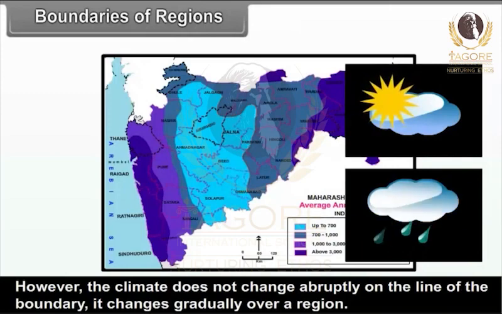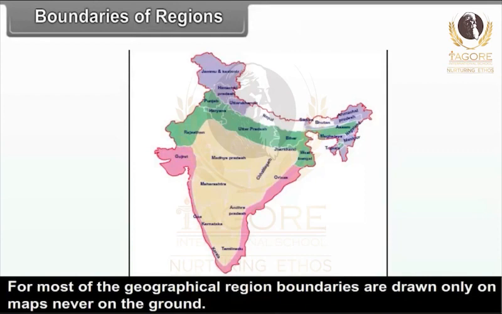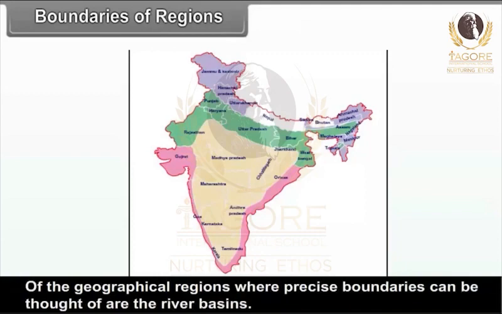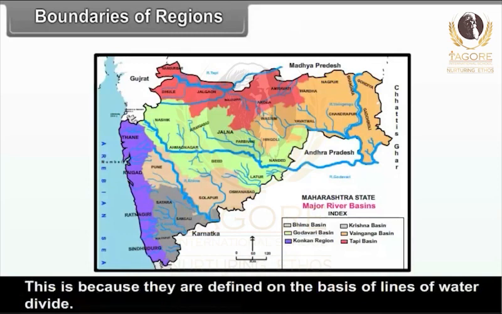It changes gradually over a region. For most of the geographical regions, boundaries are drawn only on maps, never on the ground. Of the geographical regions where precise boundaries can be thought of are the river basins. This is because they are defined on the basis of lines of water divide.